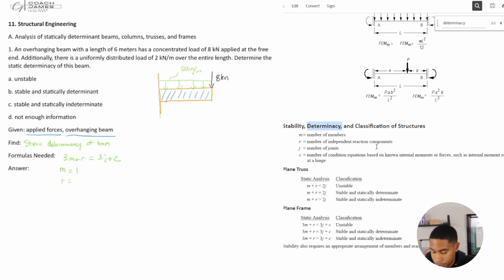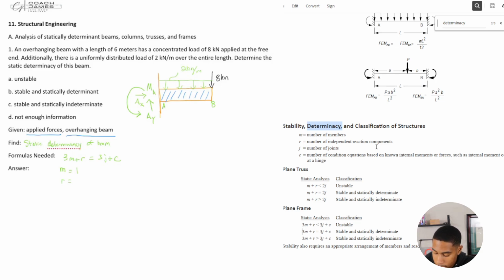For a fixed support, how many reactions would you have? Let's draw them out. I'll say this is point A and this is point B. We have a Y reaction, an X reaction, and with fixed supports you also have a moment about A. So how many reactions is that?